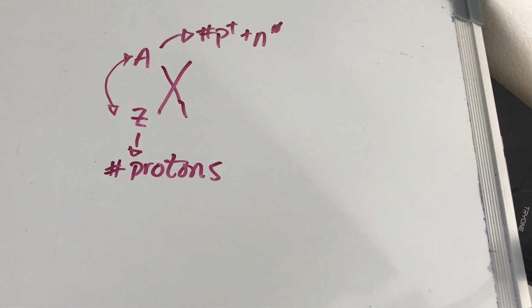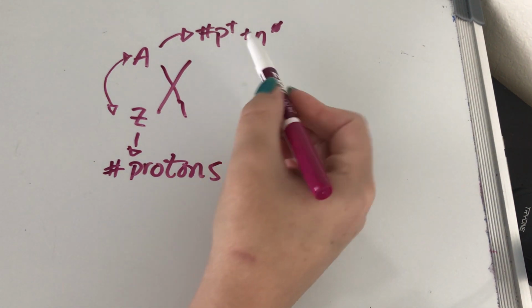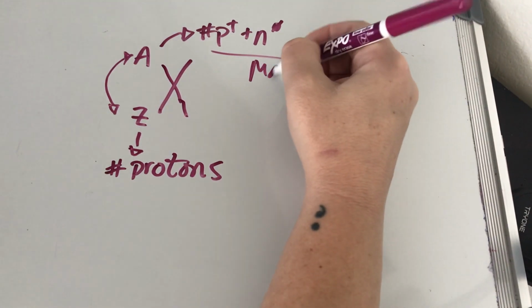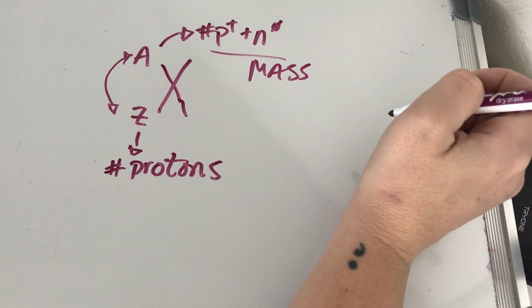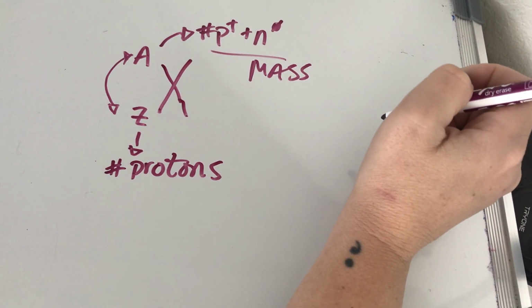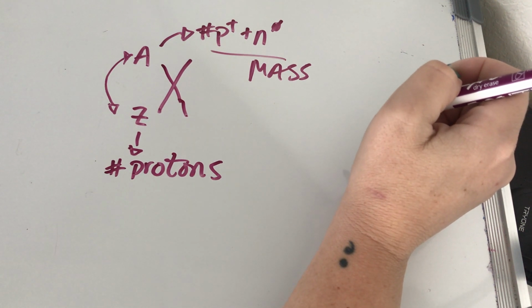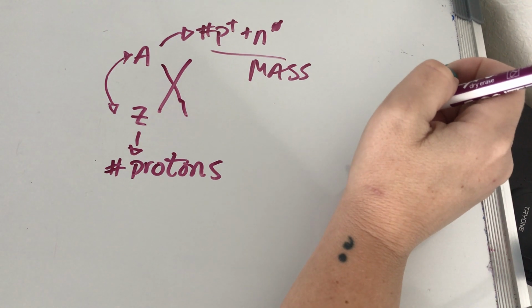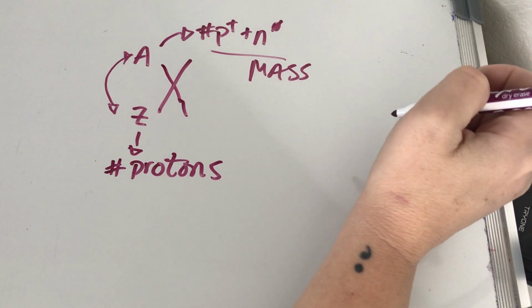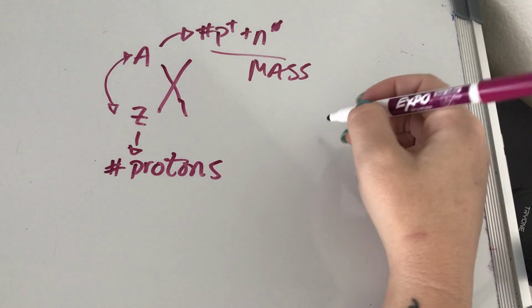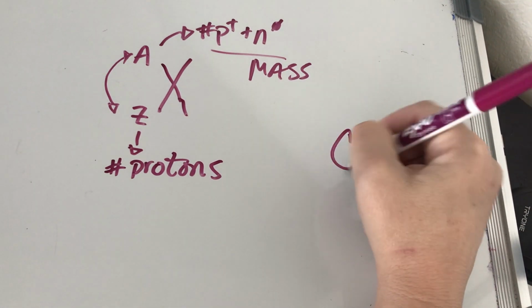Yep. So that's what I can never remember. So this is the atomic mass, right? What's on the periodic table, that's the atomic weight. Right. So I know that, but it's the finding of the neutrons that I always get confused about. Yes. So for example, let's say we had carbon.